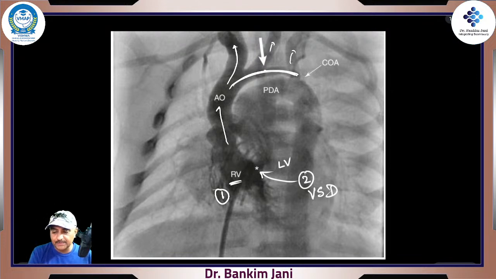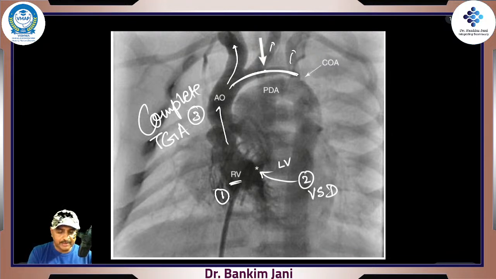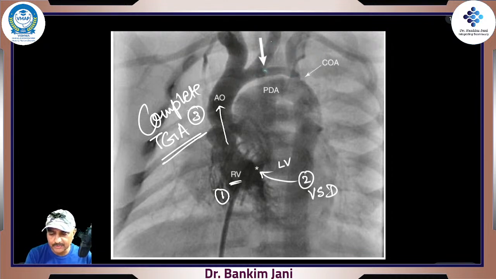I'll remove these lines because we need to see some more things, but this is for understanding. So the third point, which is crystal clear, is that we are dealing with complete transposition of great arteries, complete TGA, because of this aorta. Now I'm removing these lines because we have to watch certain more things.